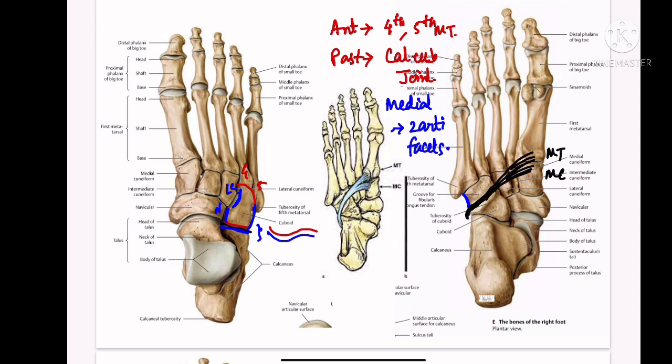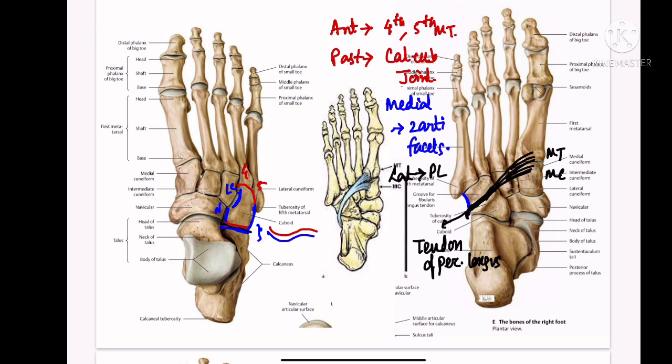So that is about the tendon of peroneus longus. The tendon of peroneus longus grooves the lateral surface.